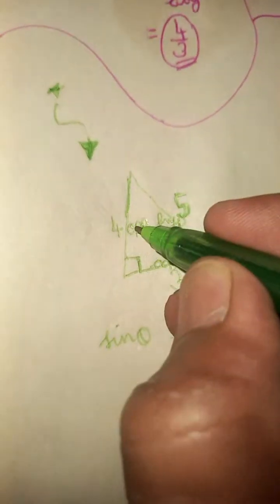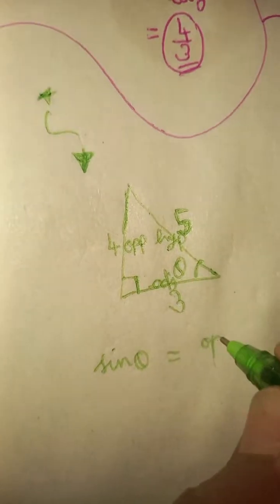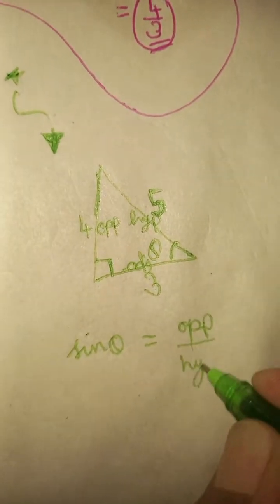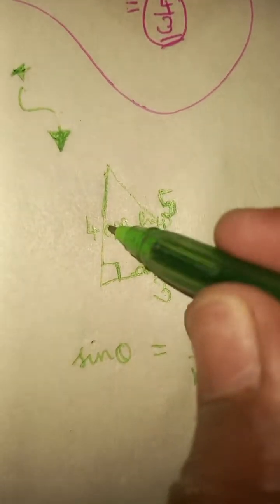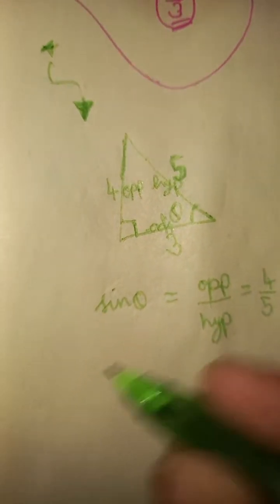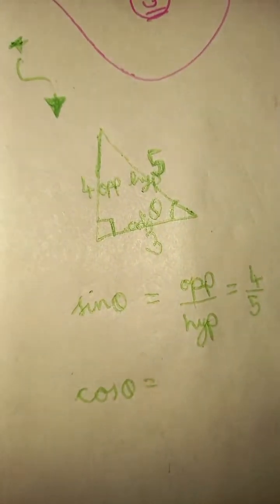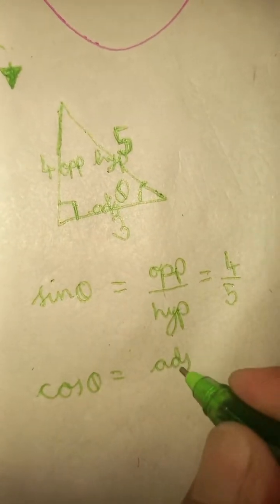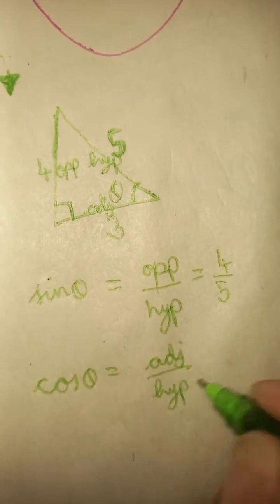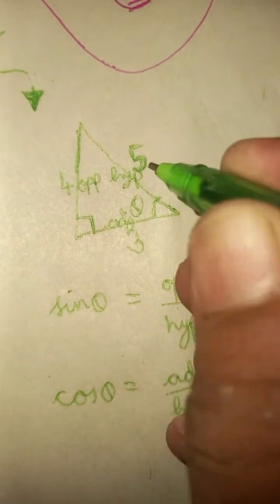Now sin theta means opposite by hypotenuse. So write it as opposite by hypotenuse. Opposite is 4, hypotenuse is 5, so it becomes 4 by 5. And cos theta means adjacent by hypotenuse. So write it as adjacent by hypotenuse, which becomes 3 by 5.